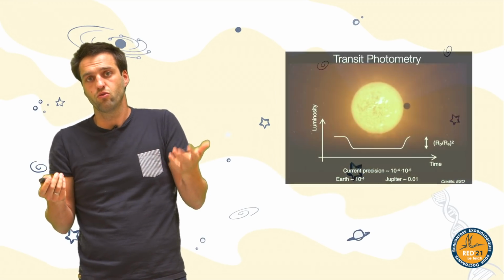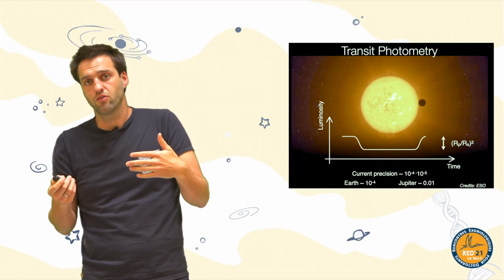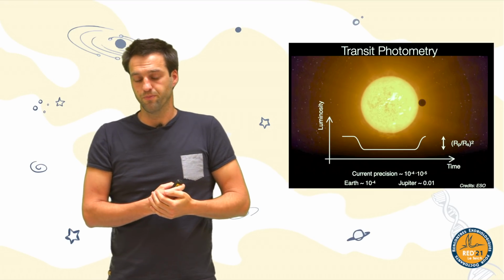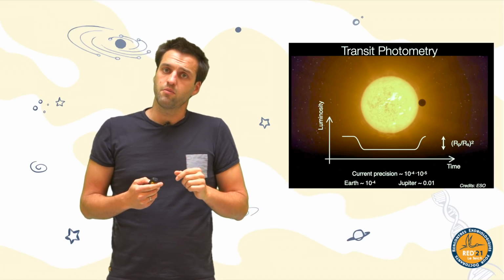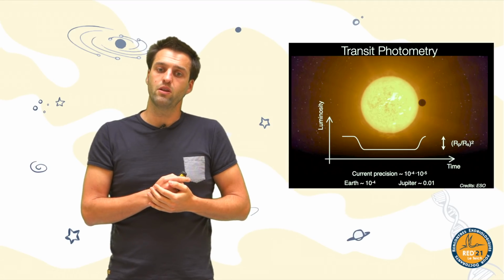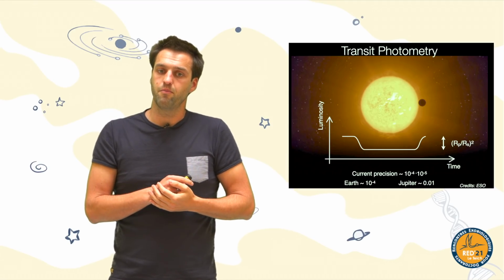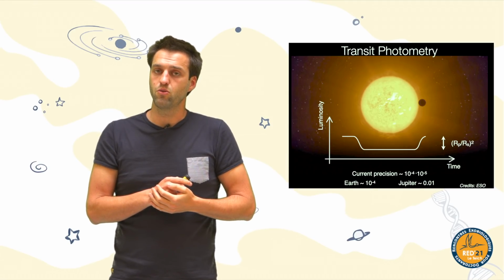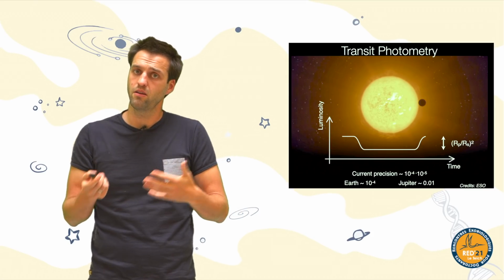So this drop is proportional to the radius of the planet divided by the radius of the star, to the power of 2. That's really interesting, because it means that if we know the star a bit, measuring the photometry will tell us the size of the planet, not its mass.